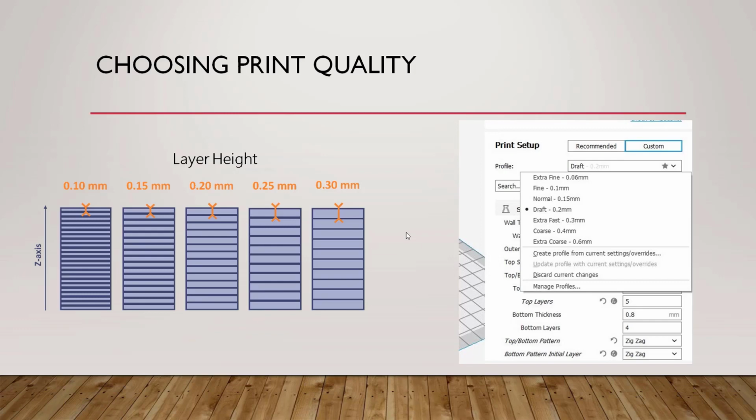If you choose 0.1 mm, then your print will be fine. If 0.06 mm, it will be extra fine. If 0.15, it's normal. If 0.32, then it will be coarse, extra coarse, rough. So the quality of your print is determined by layer height.